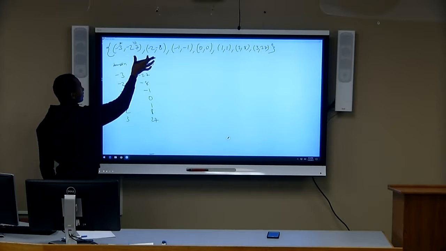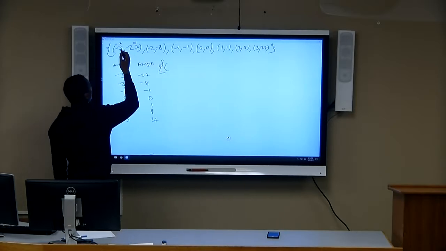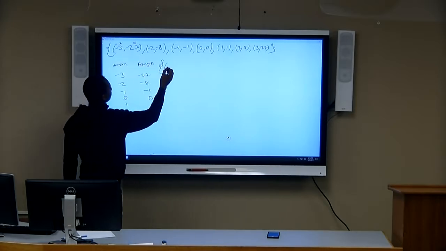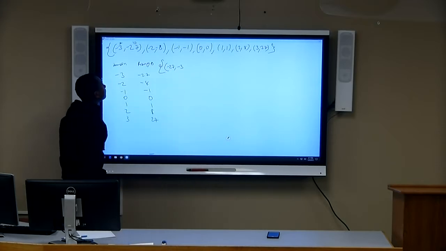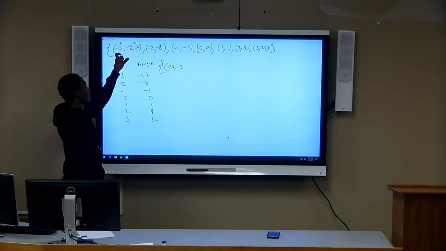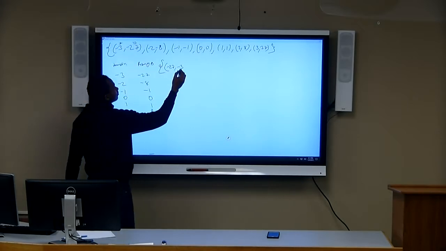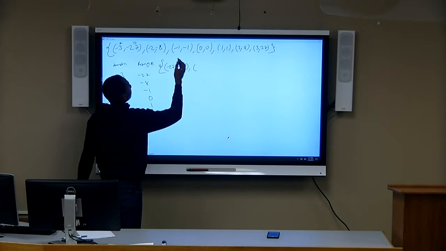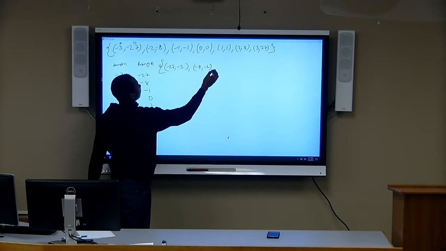So we're going to find the inverse of this thing. Finding the inverse, we're going to interchange. The first one, instead of -3 and -27, is going to be -27 and -3. That is the inverse of these ordered pairs. You switch them, bring this one here and this one here. The second one is going to be -8 and -2.